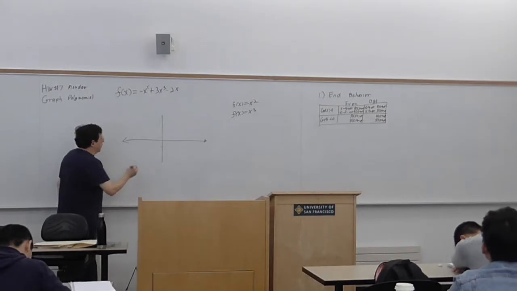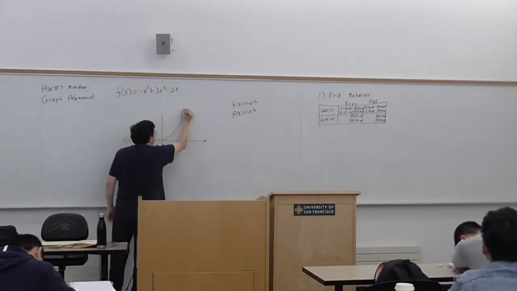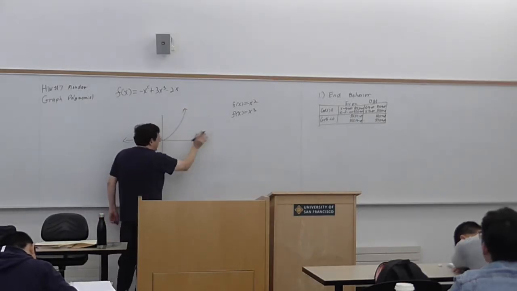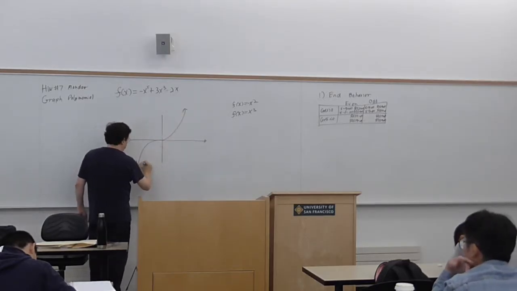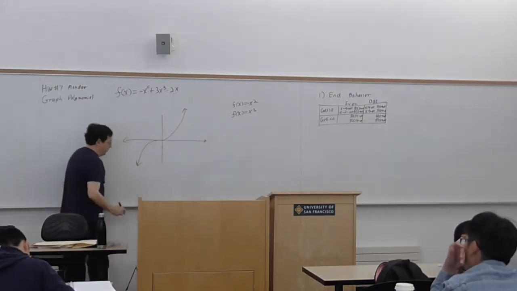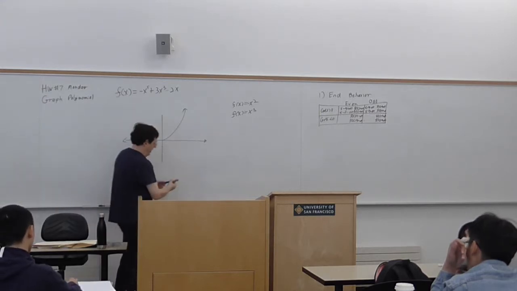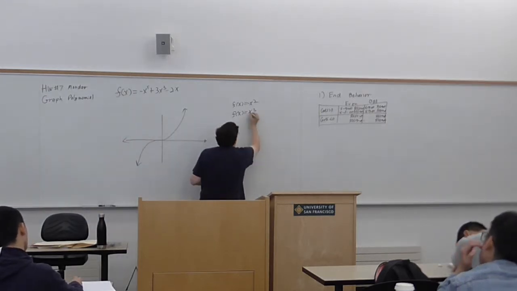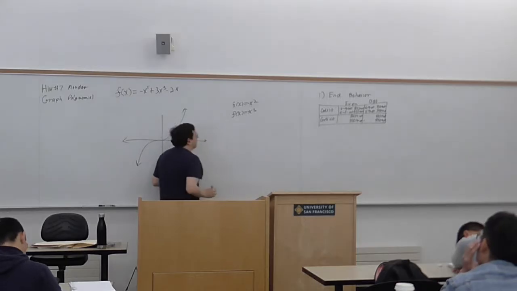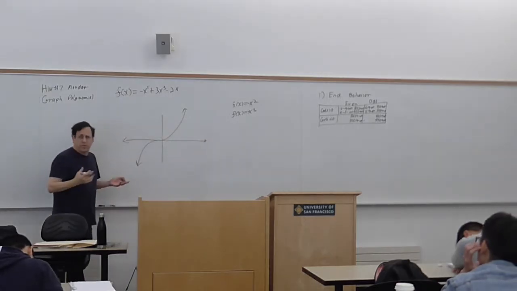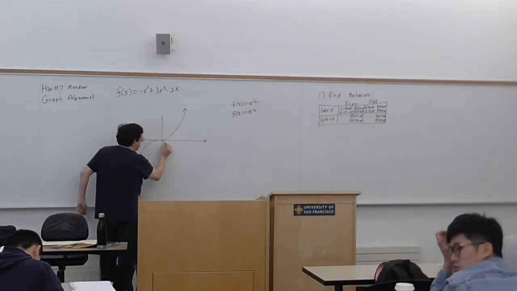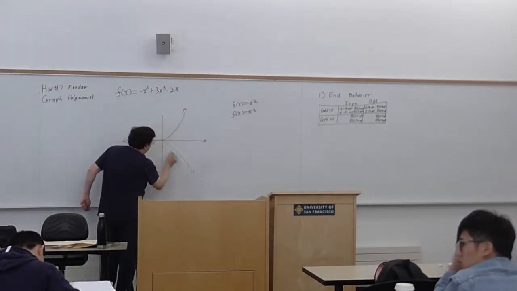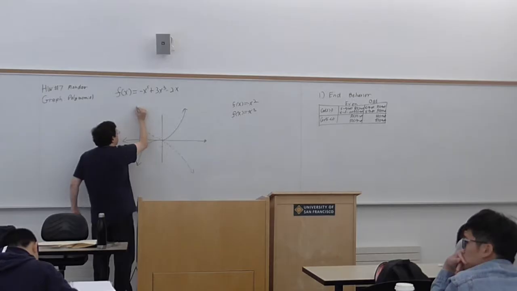And now you should know that that kind of looks like this. As we get positive, it goes off and it's positive, but as we get negative, it goes off and it's negative. And if I were to put a negative sign here, if I give it a negative coefficient, well, we would get a reflection, and the end behavior would be just the opposite.